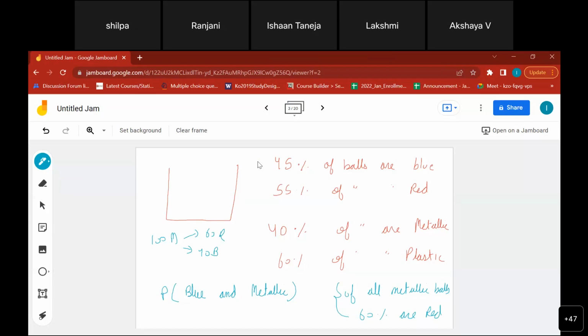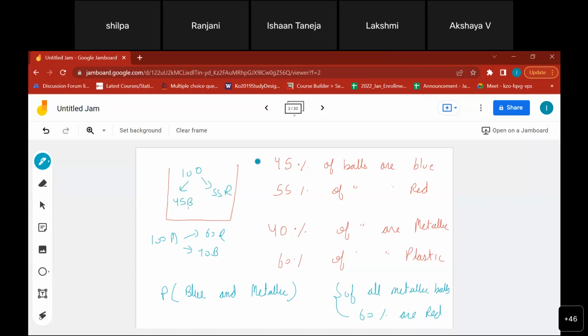Okay, one minute. So you are saying, let's suppose there are 100 balls in total, right? Yes, 100 in total. Initially, you're having 100 balls in total, so you're getting 45 blue and 55 red. Now let's go to the metallic and non-metallic part. 40 are metallic, 60 are plastic.